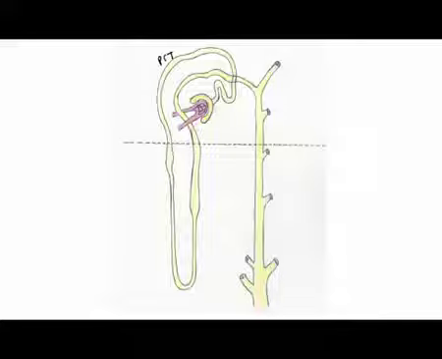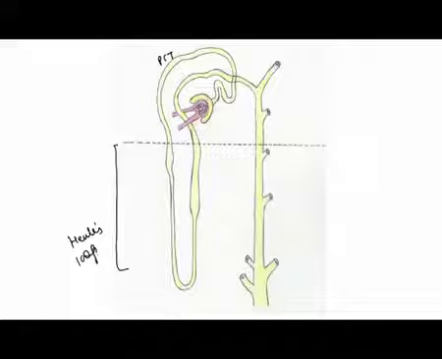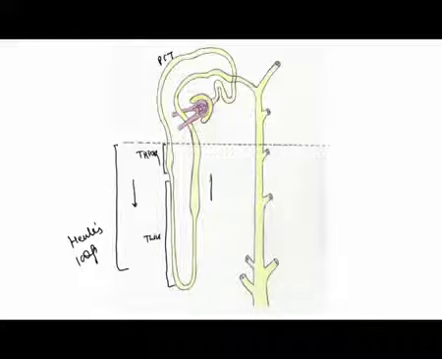After this proximal convoluted tubule, we have the area called Henle's loop, and here the top portion of Henle's loop is somewhat thick, while the bottom area is thin.